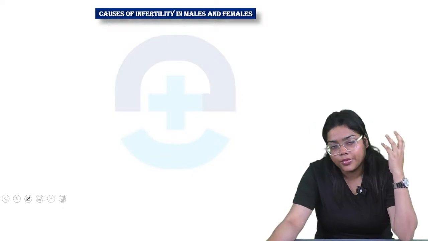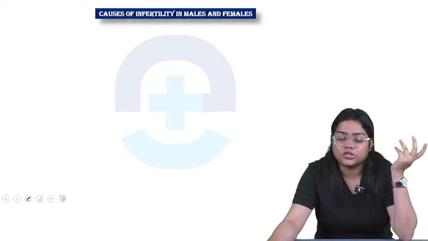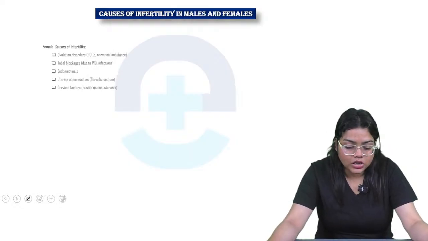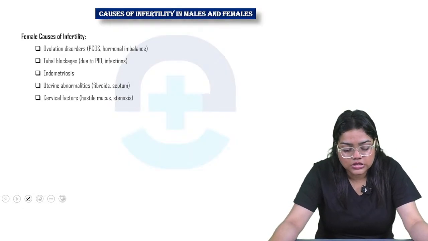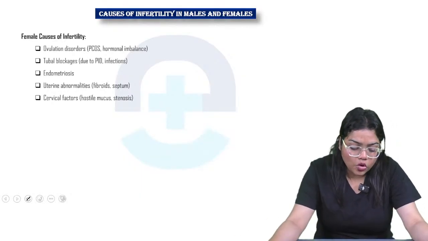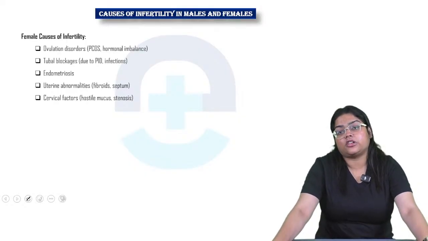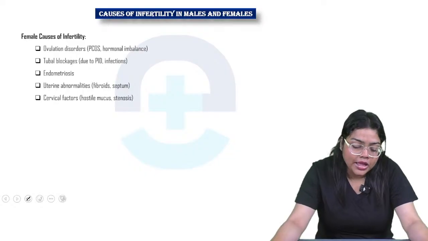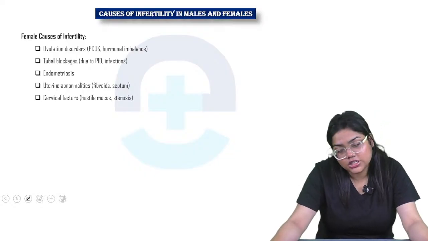It can happen because of men, it can be because of women, or it can be because of both. Okay. So the main female causes of infertility are ovulation disorders, in the sense PCOS, hormonal imbalance. Okay, then tubal blockage. What is tubal blockage?